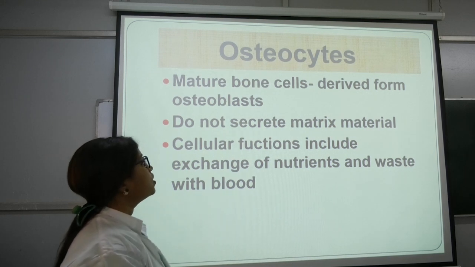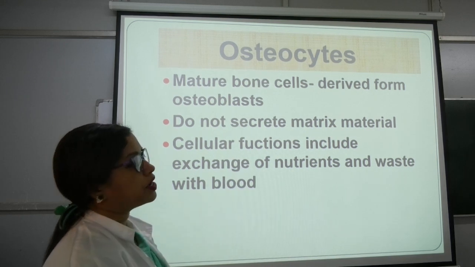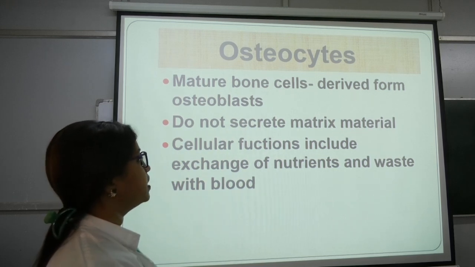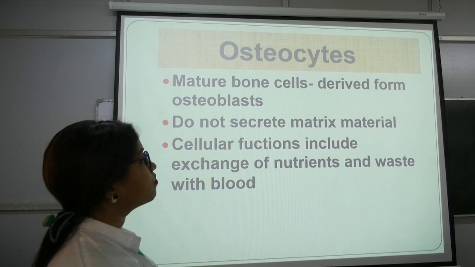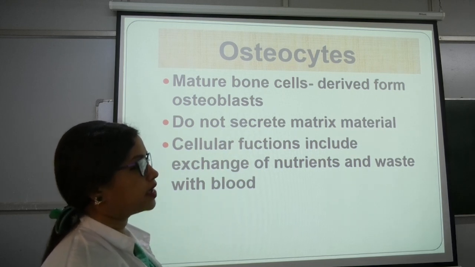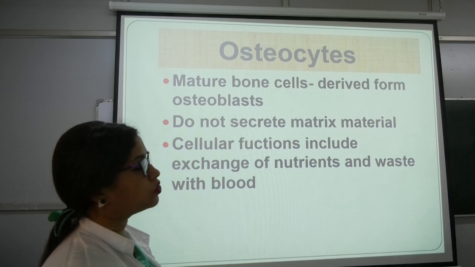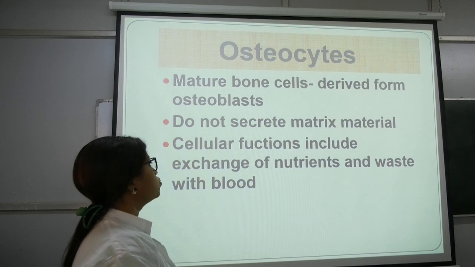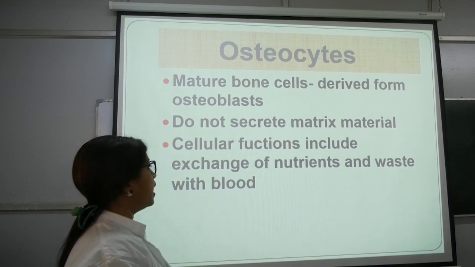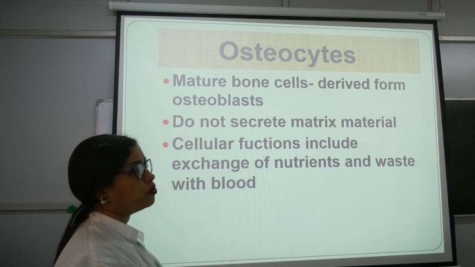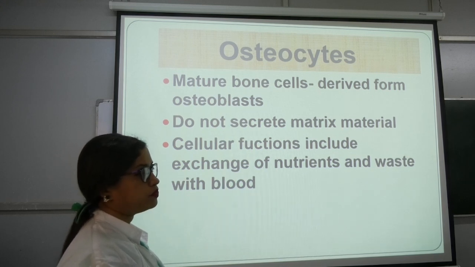They do not secrete any kind of matrix material. They have just cellular function, like other cells, for example the chondrocyte; osteocyte is the same. They exchange nutrients and waste products with the blood. This is the main function of osteocytes.